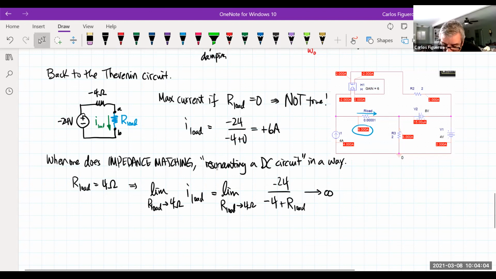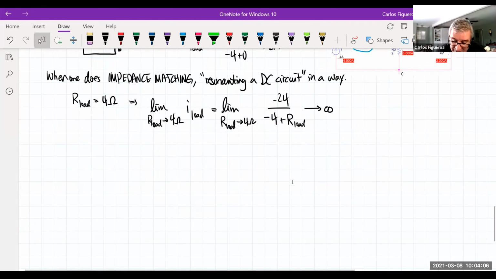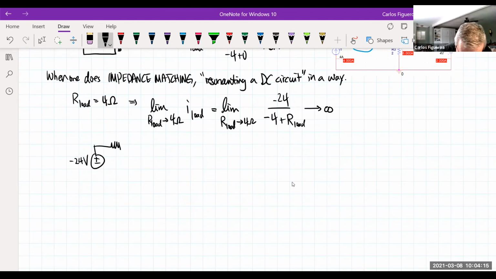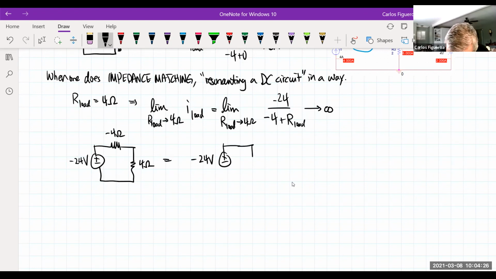And the question is, what really happens here? When I look at my Thevenin circuit, this being 4 ohms, this being minus 4 ohms, this is effectively creating a short.